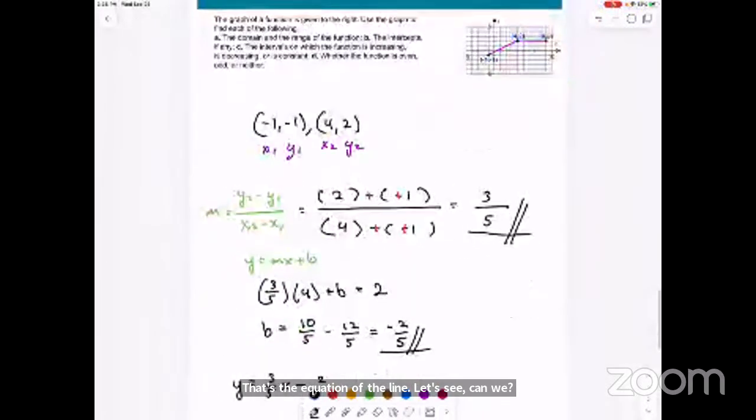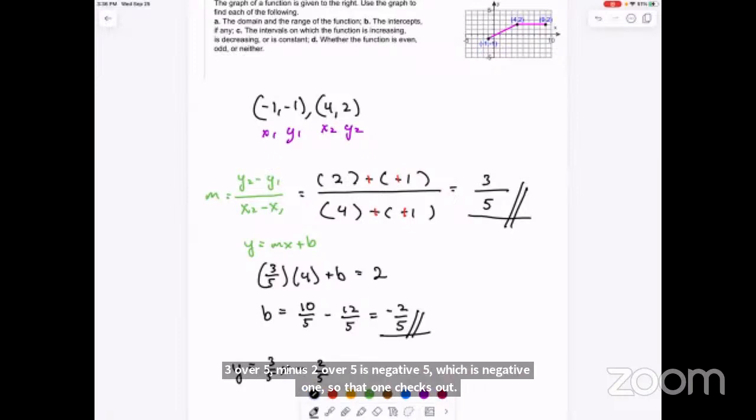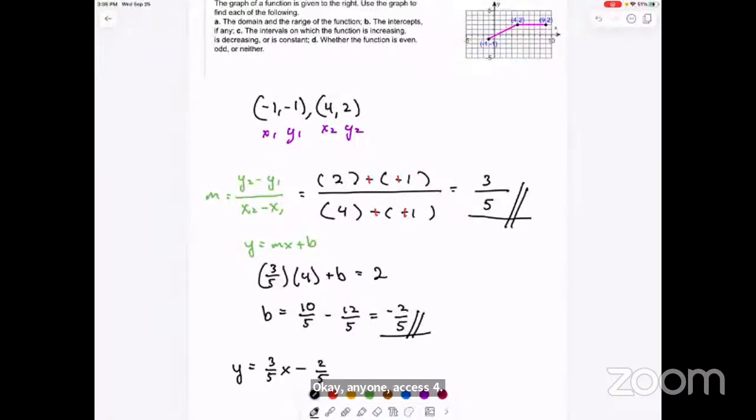When x is negative 1, negative 3 over 5 minus 2 over 5 is negative 5 over 5, which is negative 1. So that one checks out. And when x is 4, 4 times 3 is 12 over 5 minus 2 over 5 is 10 over 5, which is 2, right? So this linear equation works for those two pairs. We can be confident that this is the equation of the line through those 2 points.